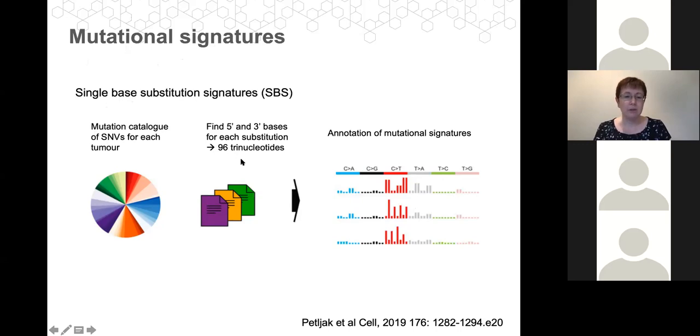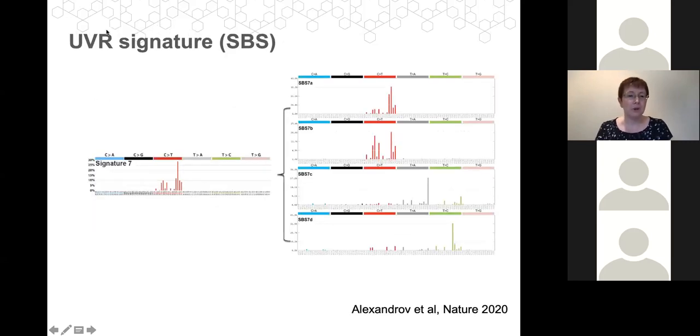You then count the number of mutations in each context, and by plotting these numbers of mutations, you can see different patterns in the 96 trinucleotides, and this gives you different mutagenic processes that are causing the mutations within that cancer.